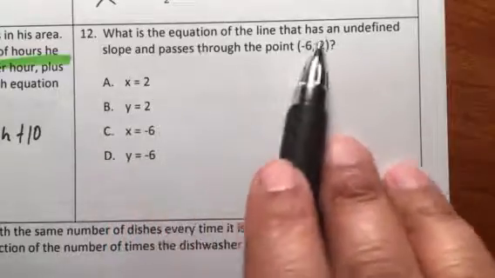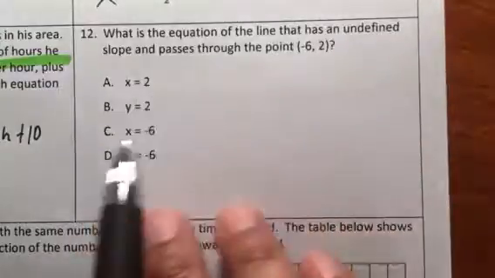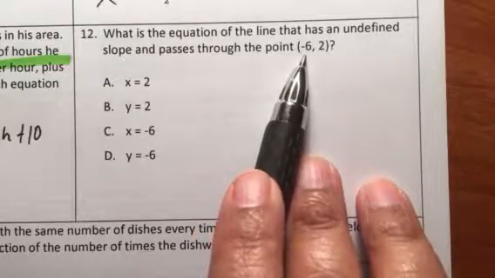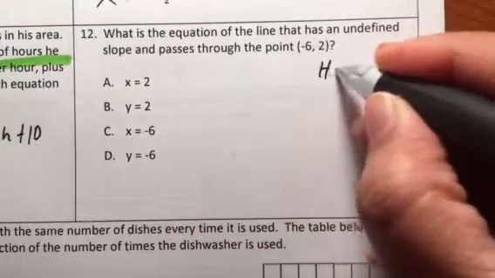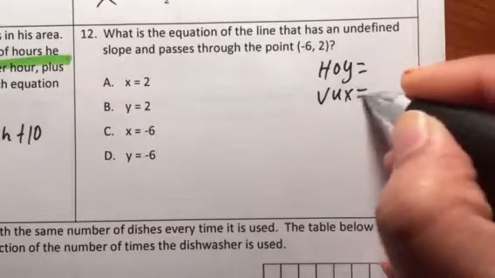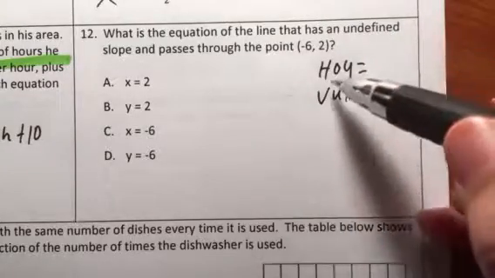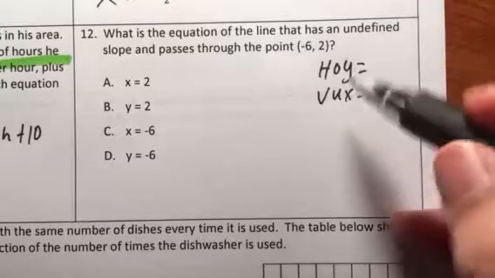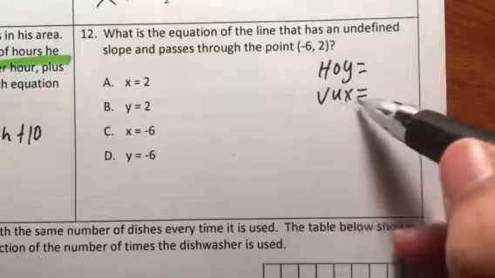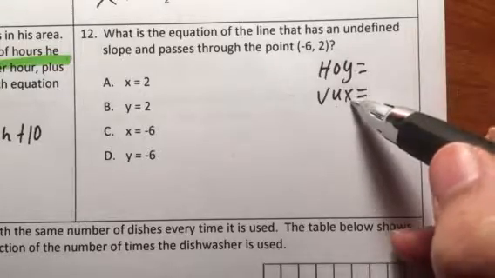Okay, so number 12. What is the equation of the line that has an undefined slope and passes through the point -6, 2? So since it says undefined, this is what I'm going to remind y'all. You have HOY, horizontal, 0, y equals, or you have VUX, vertical, undefined, and x equals.